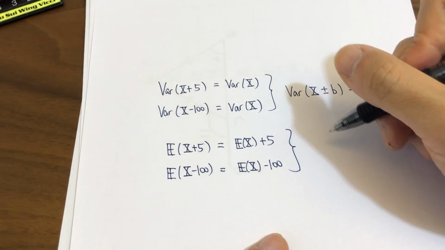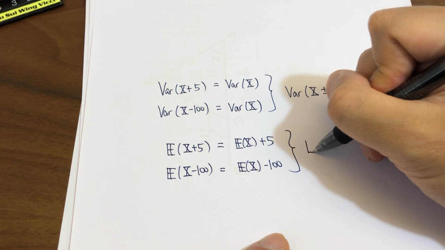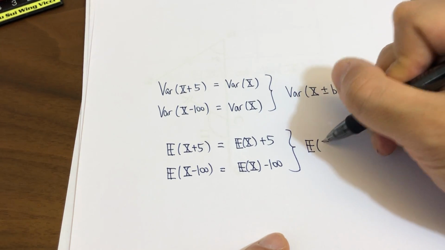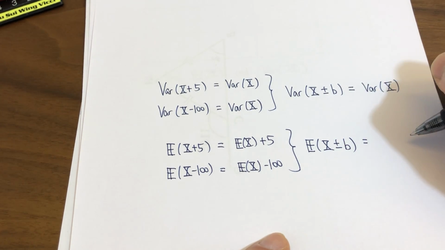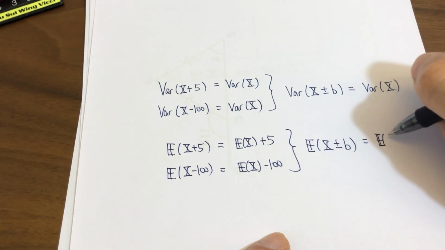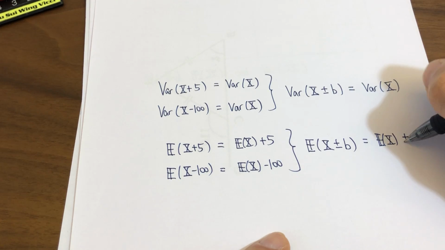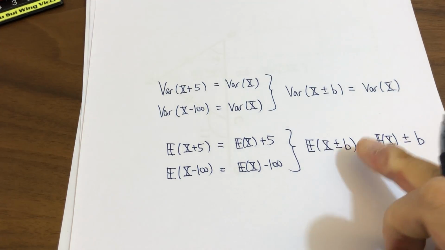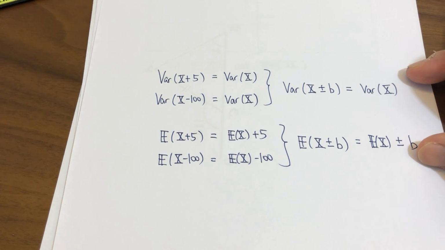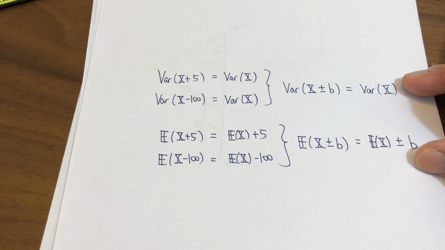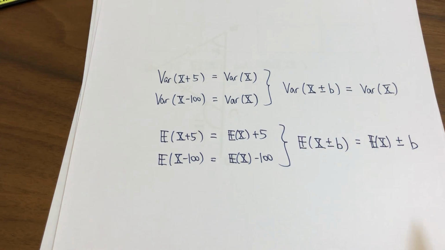So we could conclude that when we consider the expected value of x plus or minus a constant, the result will become just the expected value of x plus or minus the constant. Okay? So this is the conclusion. We have two rules about variance and expected value.